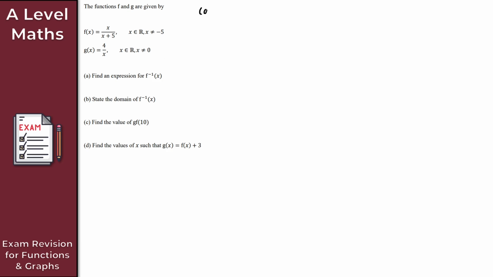So for part A then, f of x here is equal to x all over x plus 5. Okay, so if we want to find the inverse of f of x, to begin with, what we do is we let y be equal to x over x plus 5.